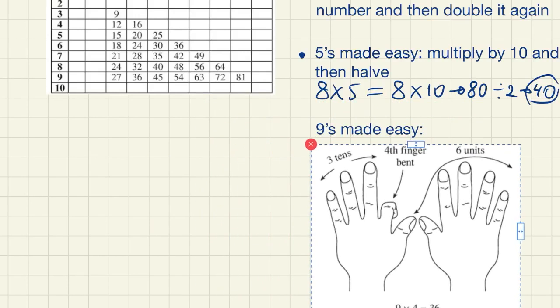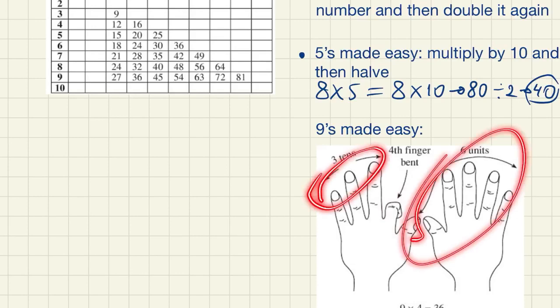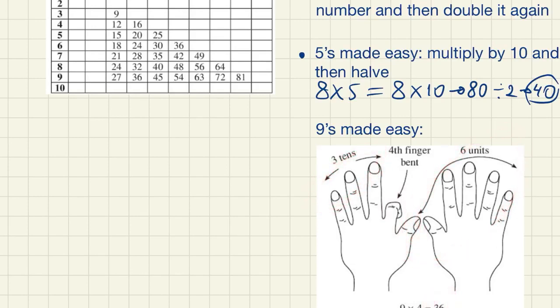What you can do to multiply by 9 is, for example, if you do 9 times 4, you take both of your hands out and you bend the 4th finger from left to right. You bend the 4th finger, and then you have an answer right on your hands. You have 3 here and you have 6 here, which makes it 36.